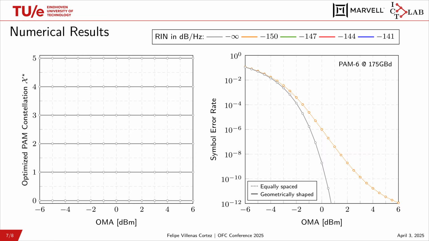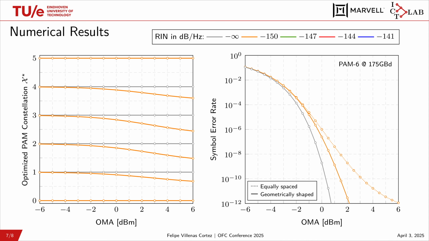Next, we simulate a finite RIN value of -150 dB over Hertz, and we can see that for an equally spaced constellation, represented by the dotted line in the symbol error rate, the error probability starts to flare and deviate from the gray curve, which is the AWGN channel.